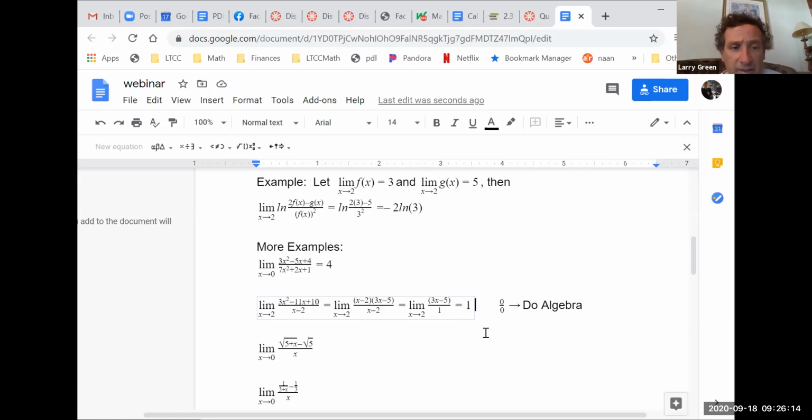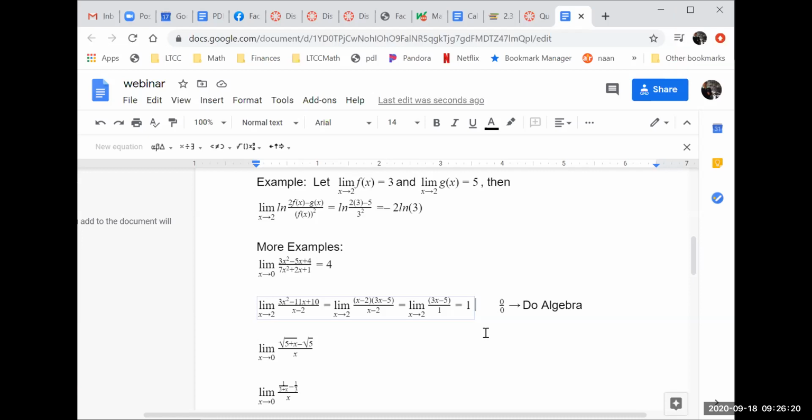Any questions on how this works? Would you ever have to cancel the original x minus 2 on the limit itself, like the 3x squared minus 11x plus 10? Maybe I'm not following.